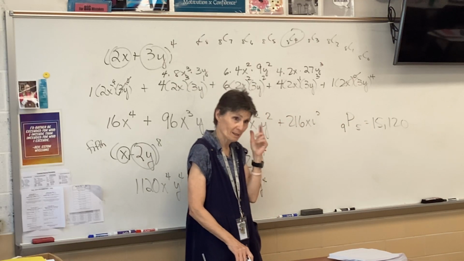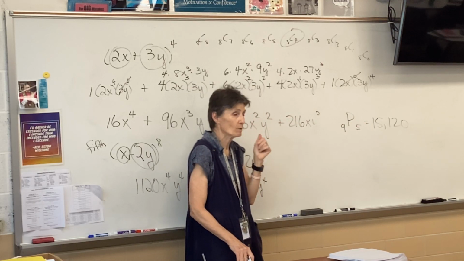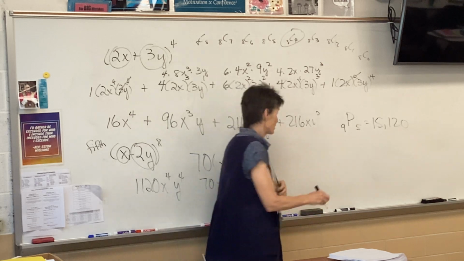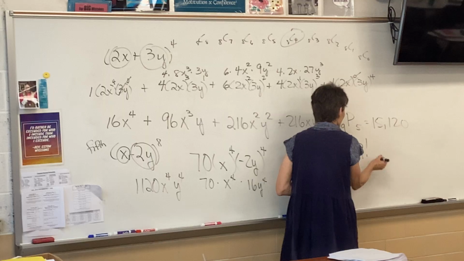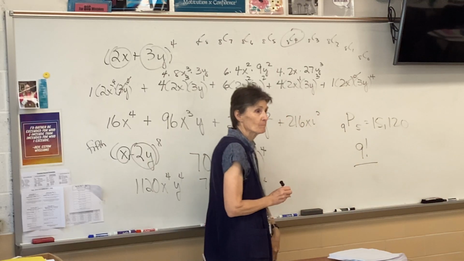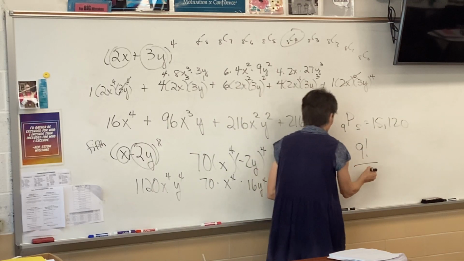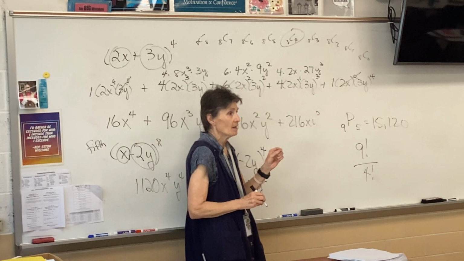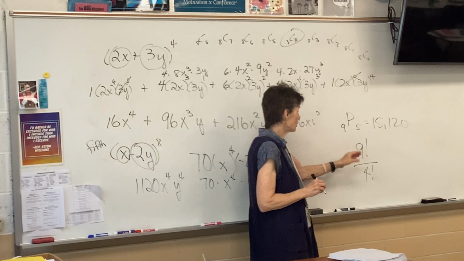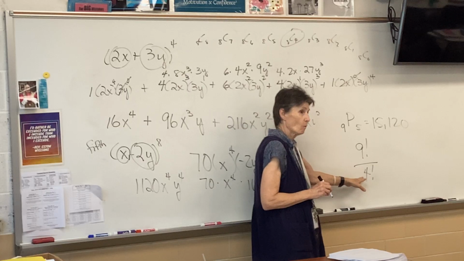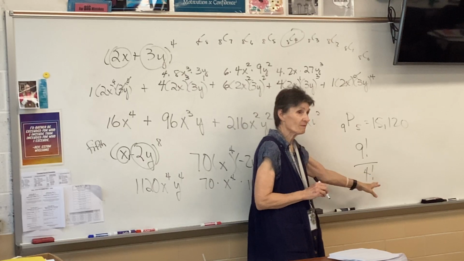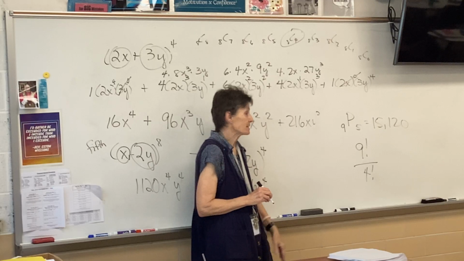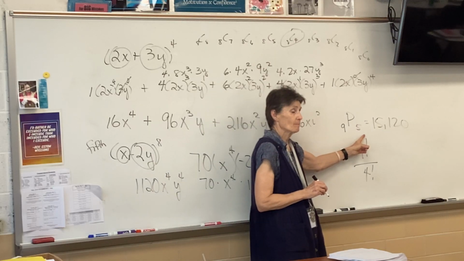So I have a formula. Does anybody remember the formula for the P's? It starts with 9 factorial over just 4. Just 4. The C's would be over 4 and 5, both. But for P's, it's just the difference.